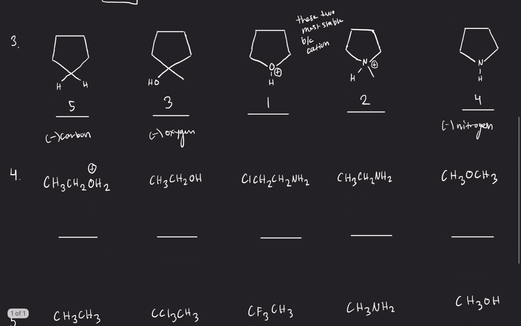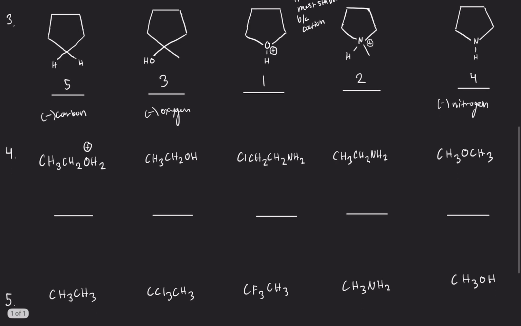Cool. So fourth example, I have another cation here. Immediately I'm like, that's the most stable, because when I remove the H and look at the conjugate base of that, I'm going to have a neutral atom that's going to be very stable, whereas for the other ones, the conjugate bases would be negative. So I'm going to give that the 1.